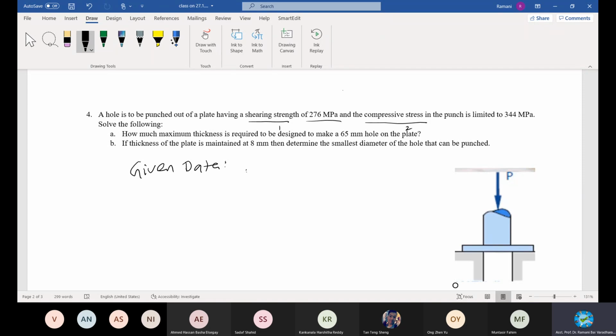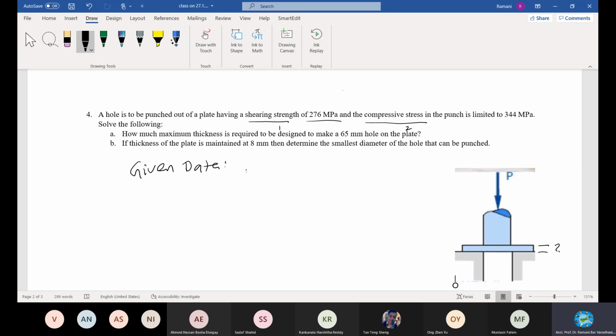You need to find how much thickness is required. Now the thickness is not given. How much thickness is required to be designed to make a 65 mm hole on the plate? If the thickness of the plate is maintained at 8 mm, so this thickness is not given, but the diameter of the hole is given.